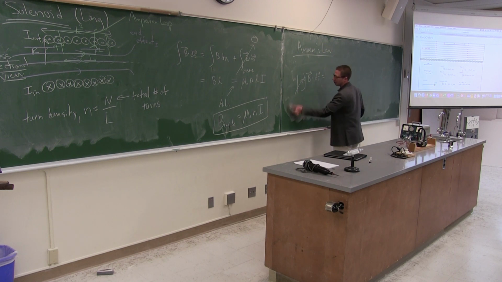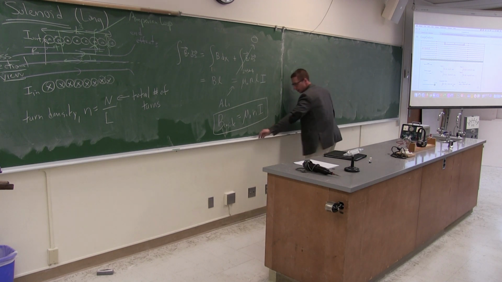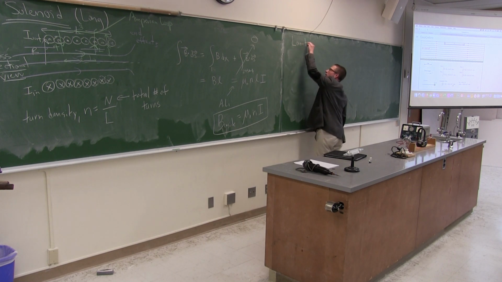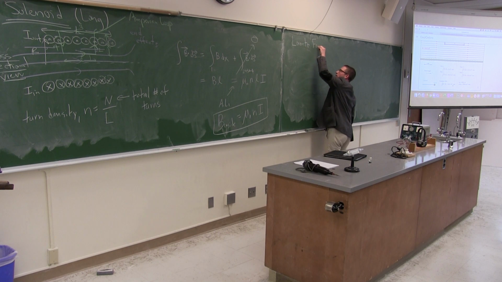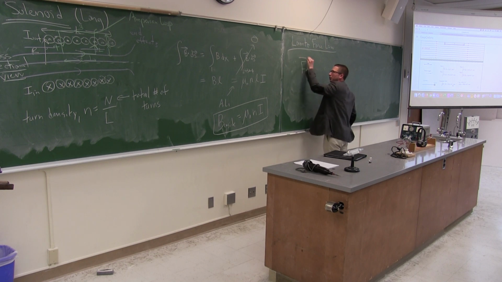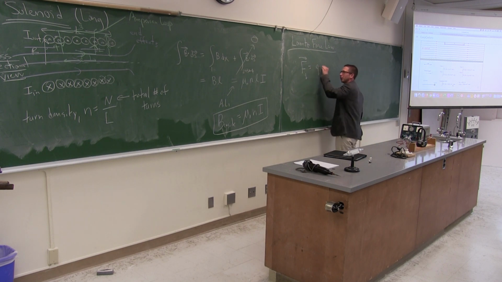I'm just going to write this on the board. The Lorentz Force Law says the force on charge Q is equal to Q V cross B.